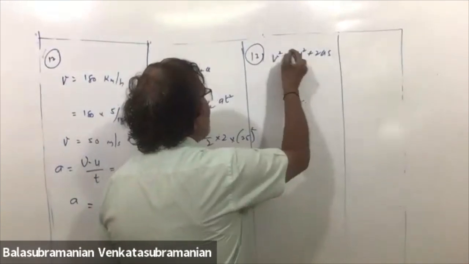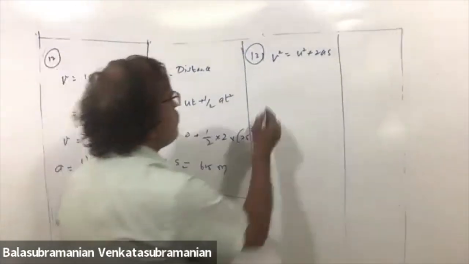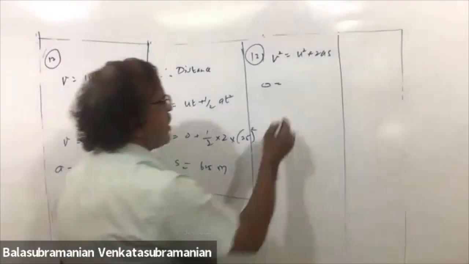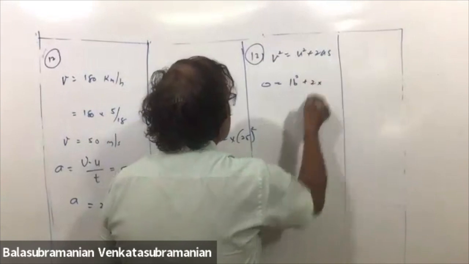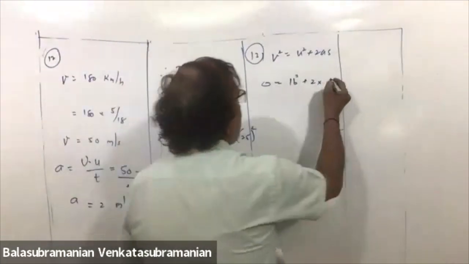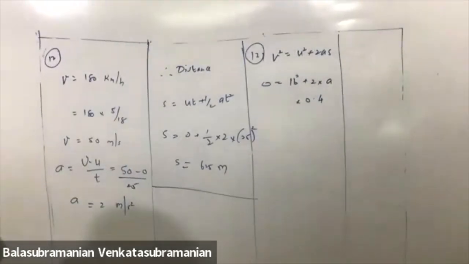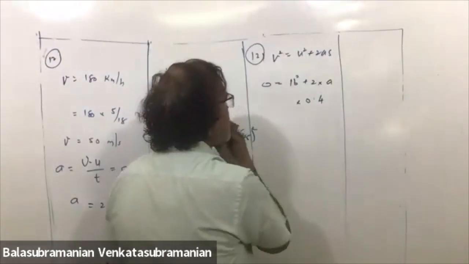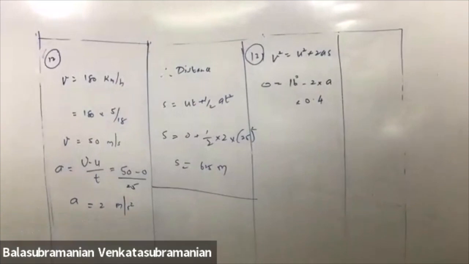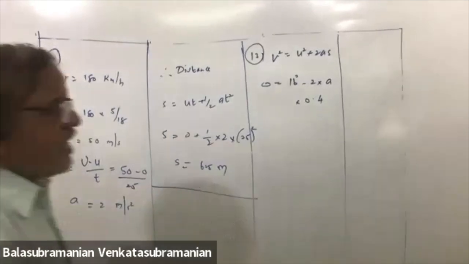V square. What is velocity given? Final velocity is 0, is equal to initial velocity 16 meter per second. 16 square plus 2as, 2a into 0.4 meters. So acceleration is, it is minus here. Why minus? During the retardation, that is the question. Retardation means negative acceleration.